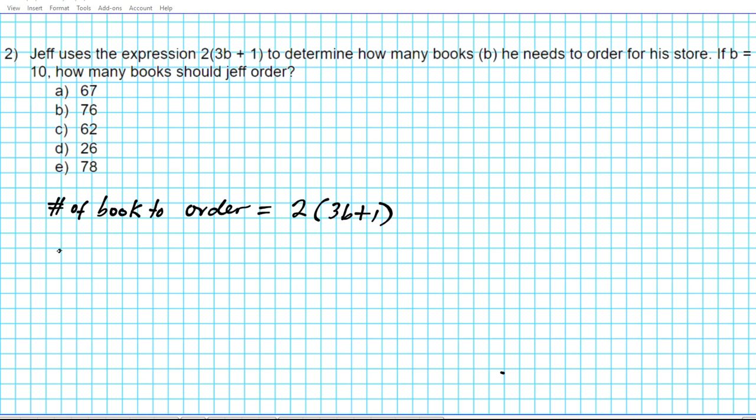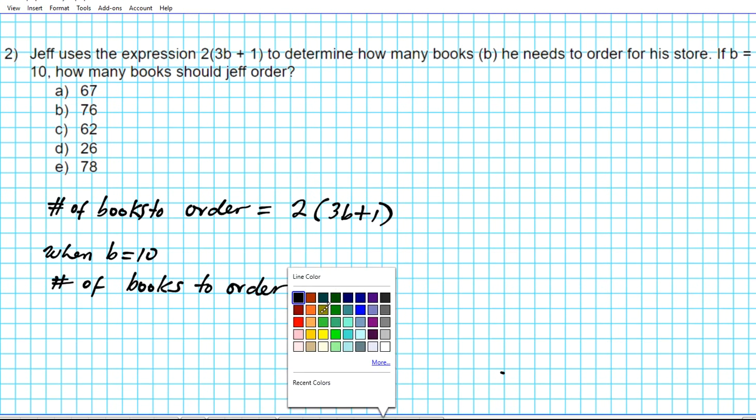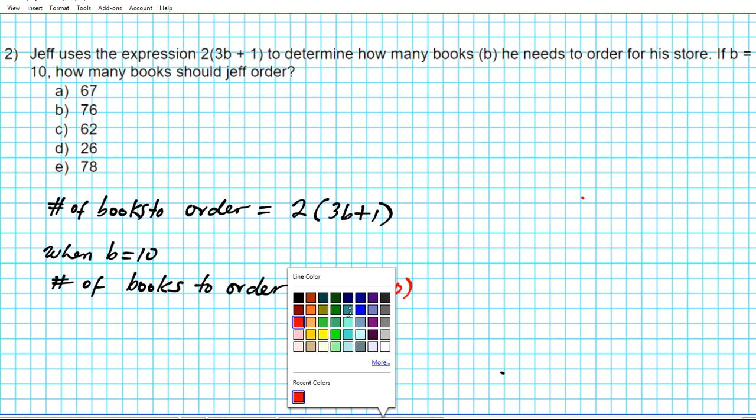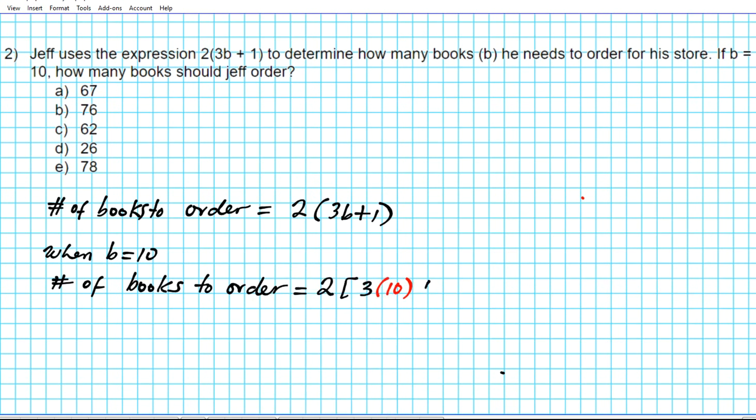So when b is equal to 10, number of books to order is now going to be the expression with 10 substituted in the place of b, so 2 times 3 times 10 plus 1.